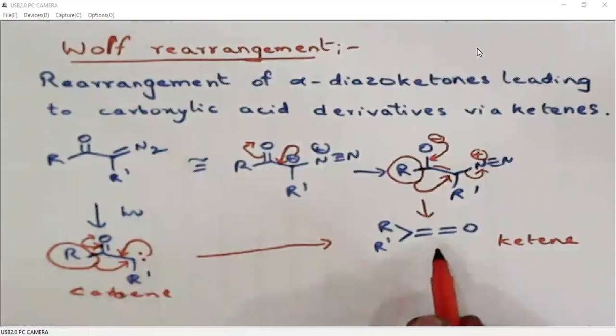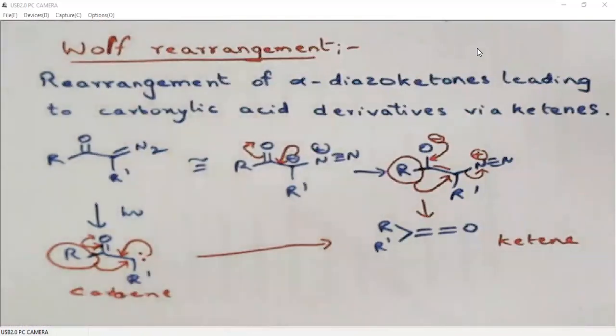So we are generating ketene. So alpha diazoketones, either under thermal conditions or photochemical conditions, will be converted to ketene. From ketene, they will be converted to carboxylic acid derivatives like esters, amides, carboxylic acids.